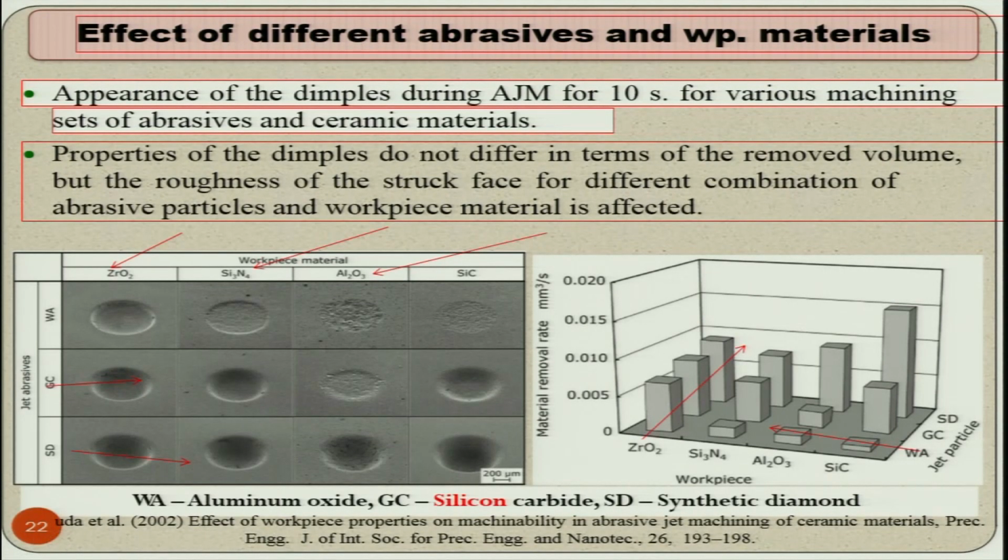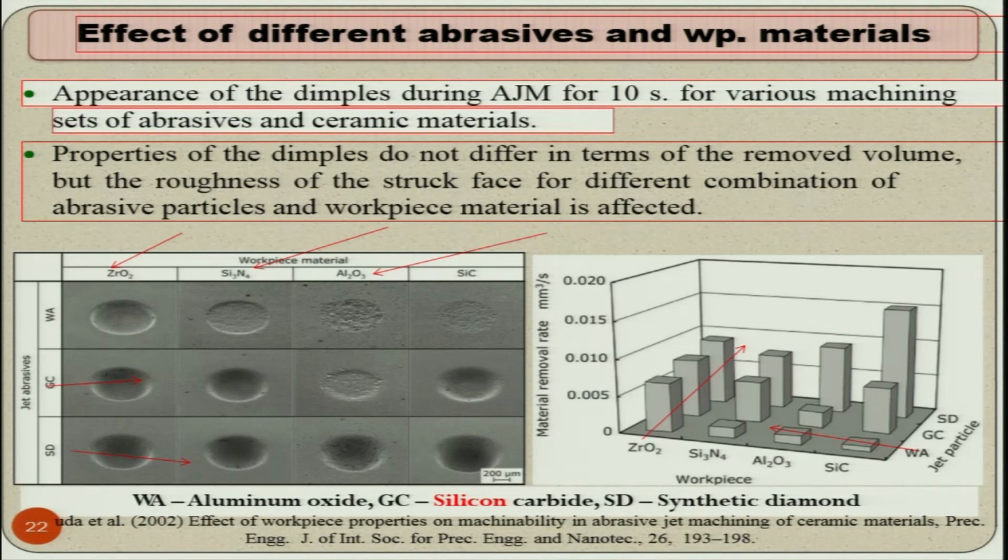Here you can see the workpiece materials like ZrO2, silicon nitride, alumina and silicon carbide, while these are the abrasive particles: SD, GC and WA. WA means aluminum oxide, GC means silicon carbide, SD means synthetic diamond.